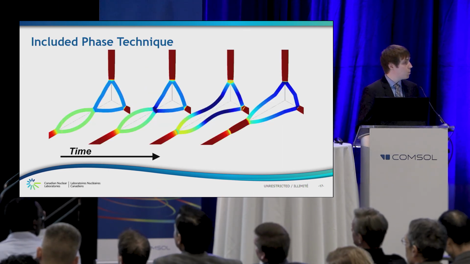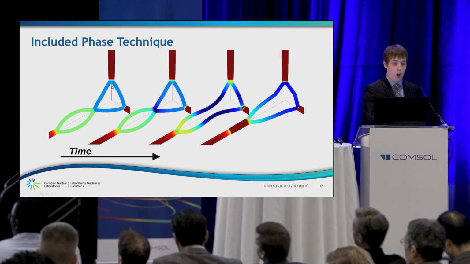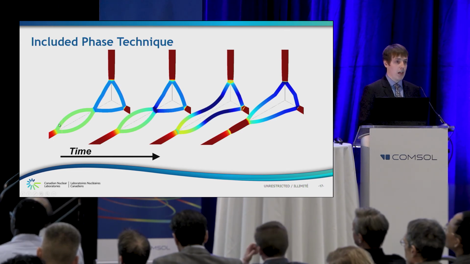We can see some time evolution of two bubbles joining. The bubble on the vertex here is larger, so it's at a lower chemical potential. The color scale here is chemical potential. Small bubbles have a lot of surface area relative to their volume, which means it's a high energy state.